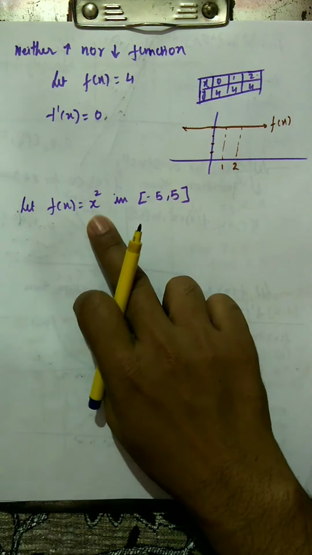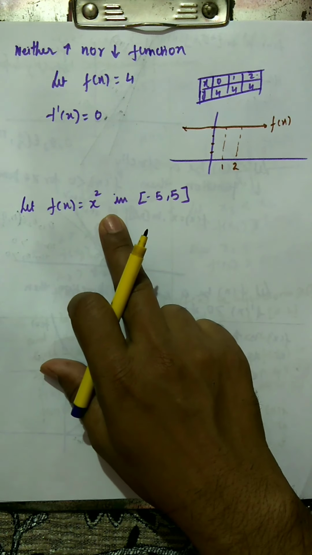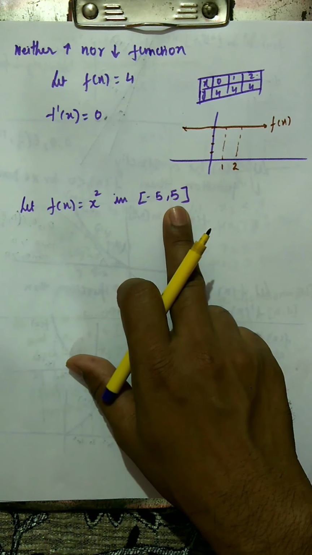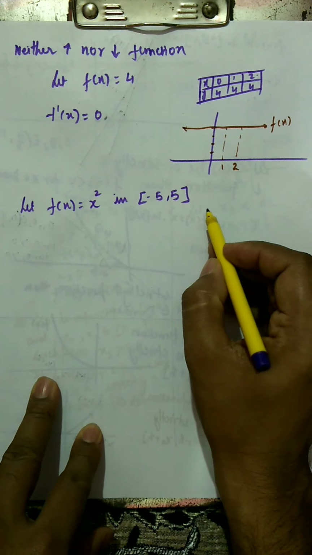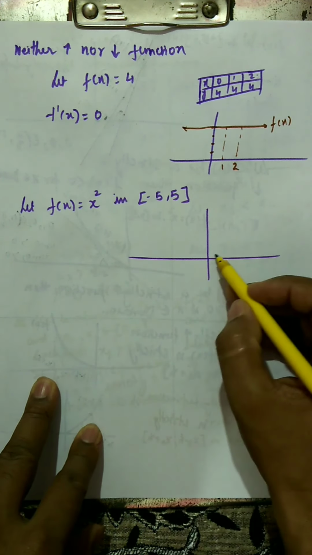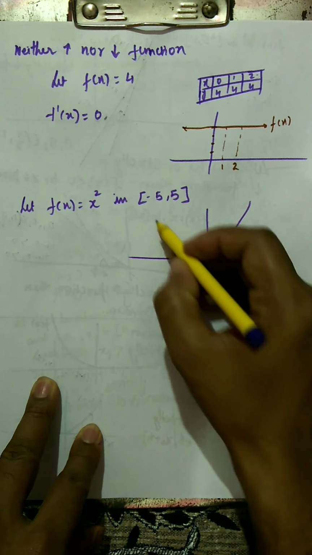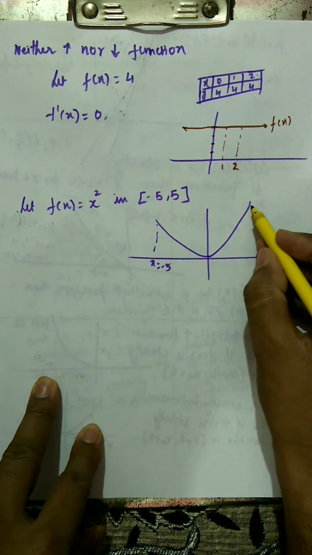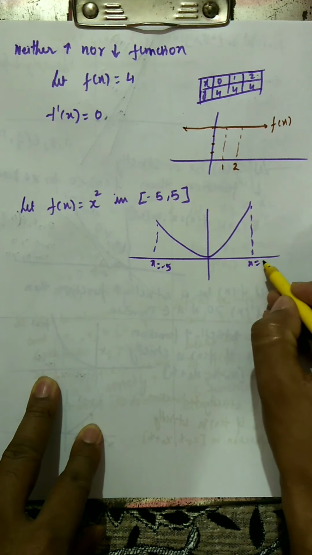Now take another example, f(x) equal to x square, but this time I have changed the domain. The domain is from -5 to 5. If I draw the graph of this function, I can draw it like this, with x equal to -5 and x equal to 5.